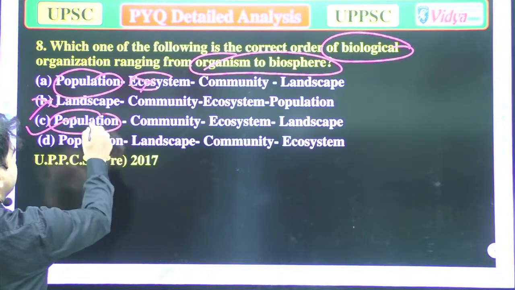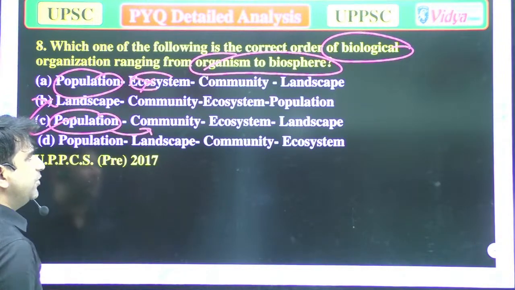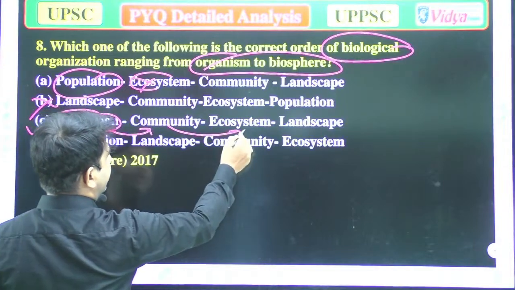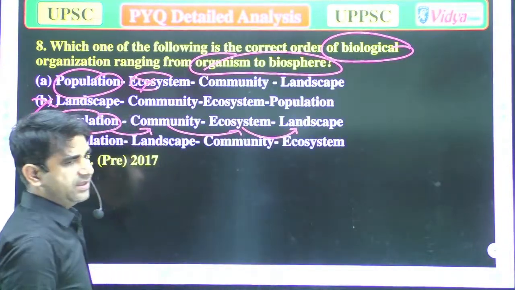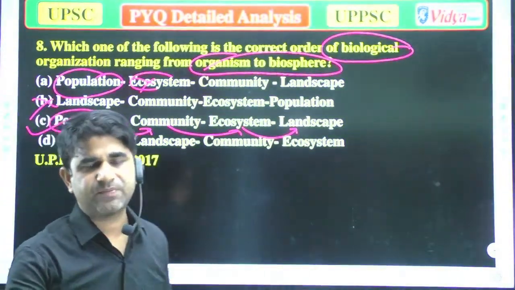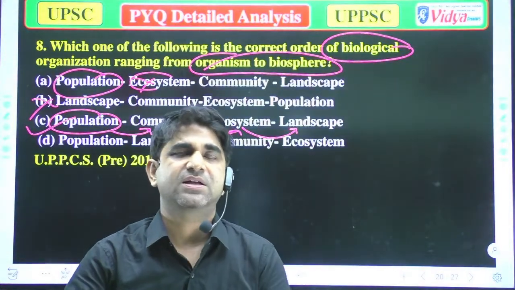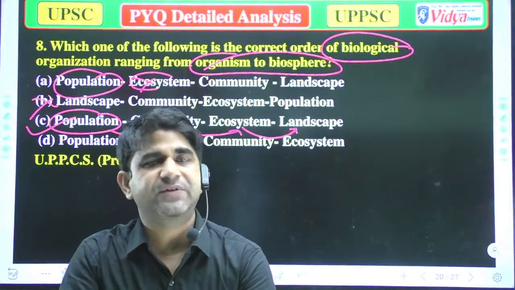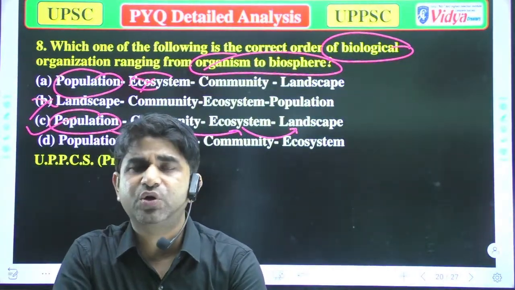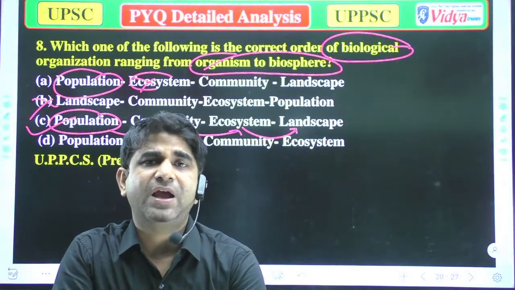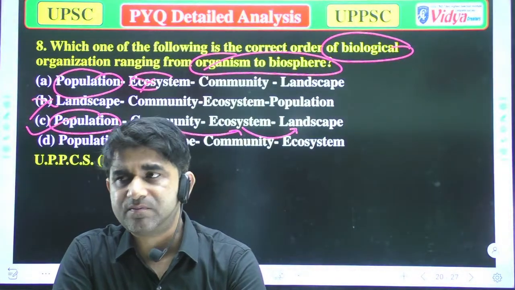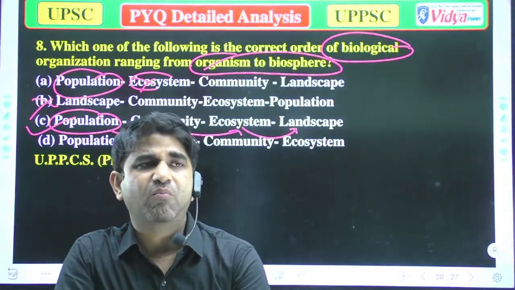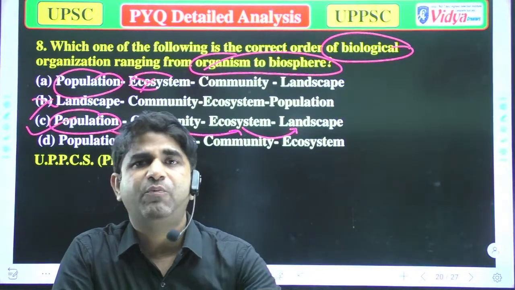Population makes the community, and community makes the ecosystem, and ecosystem makes a landscape. For any biological area, there is need of population.